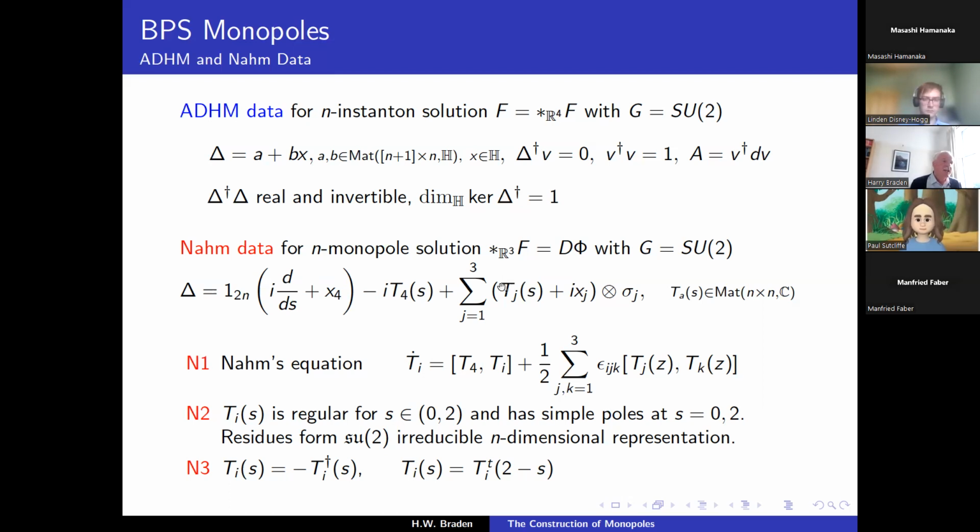So at this stage now, the T_i are complex matrices, and for Δ†Δ to be real, you discover that you require what are now known as Nahm's equations, and the first of these equations, N3, is this hermiticity property.